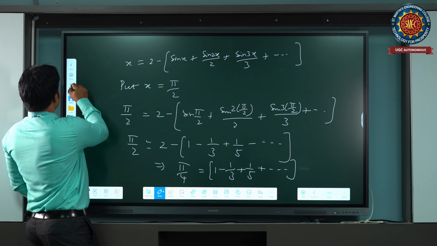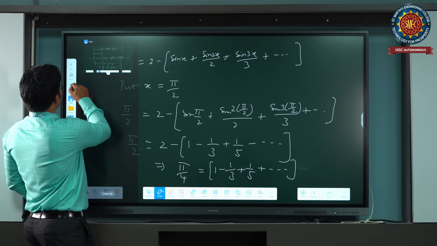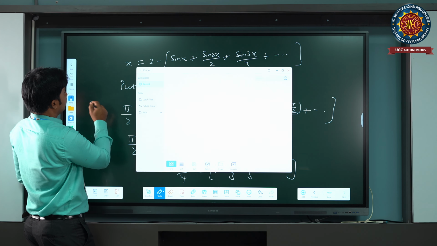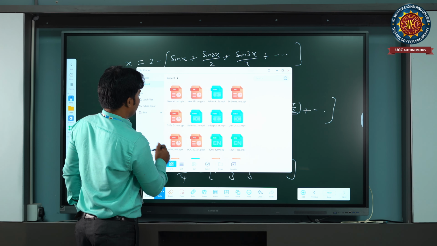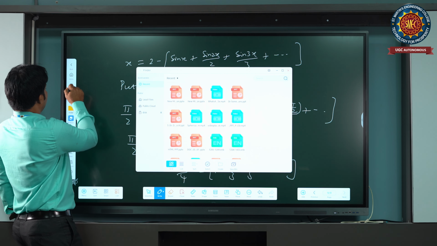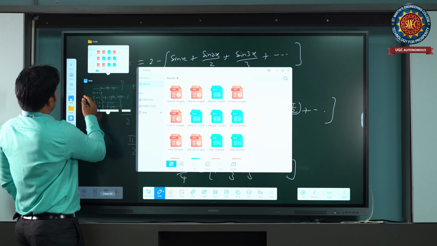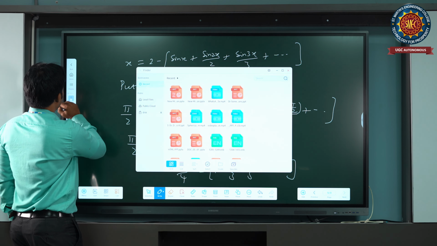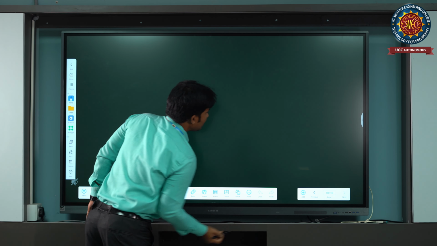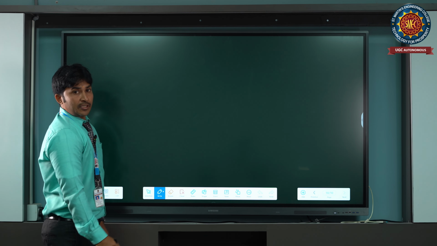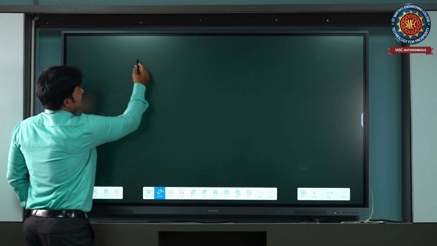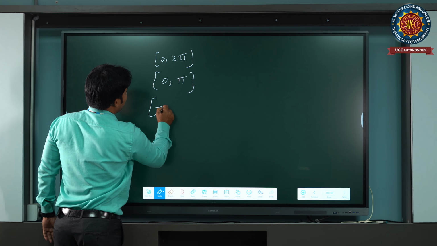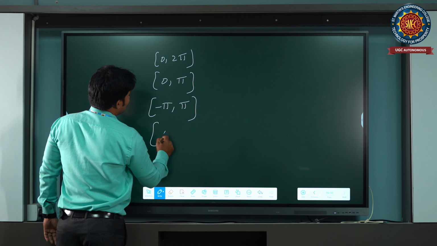Next, in the Fourier series, we find different ranges: 0 to 2 pi, 0 to pi, minus pi to pi, and 0 to 4.